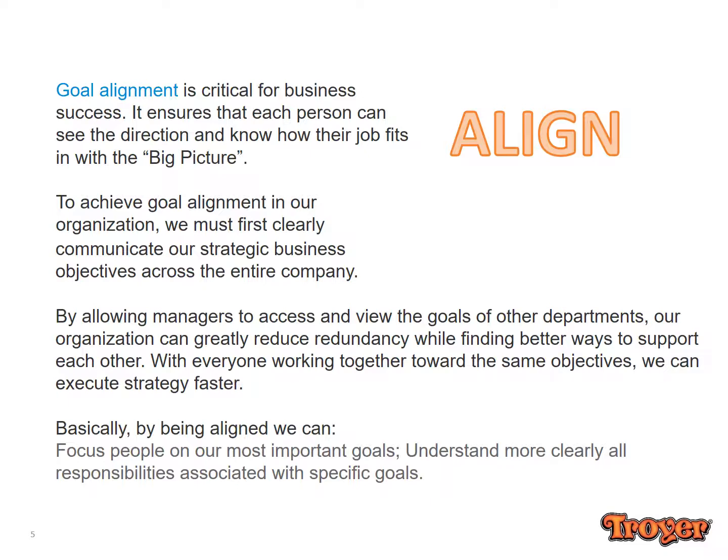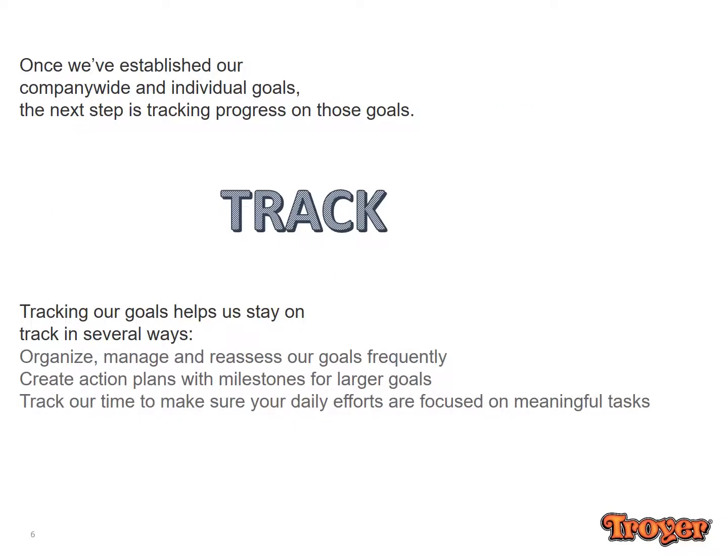So we've set goals, we've made sure they're aligned, and finally, we want to make sure that we're tracking them. If we're not tracking our goals, then we're going to run off the track, so to speak.